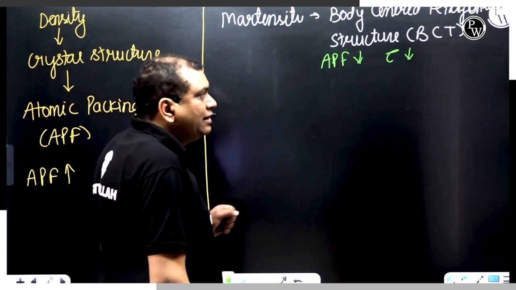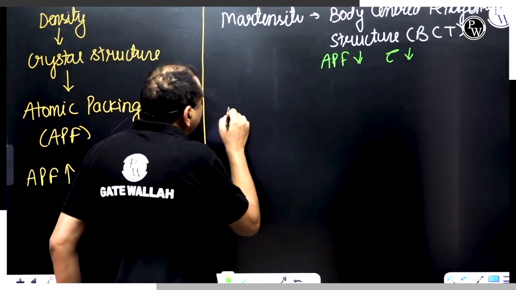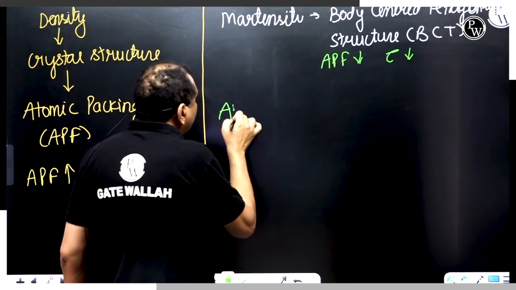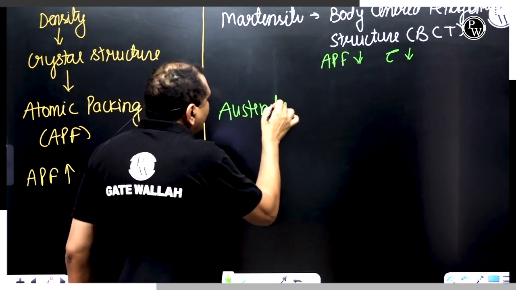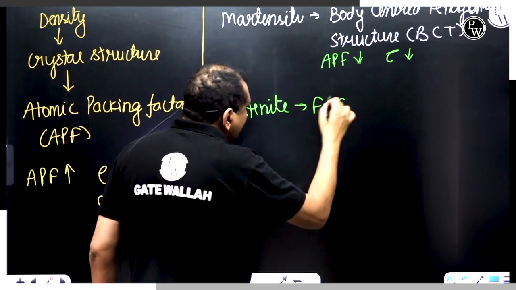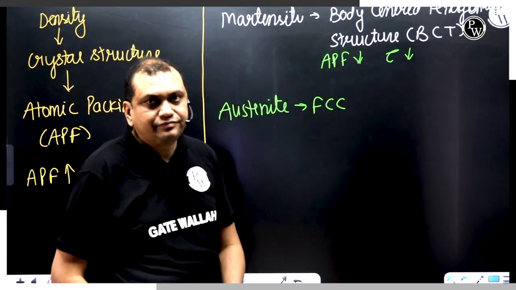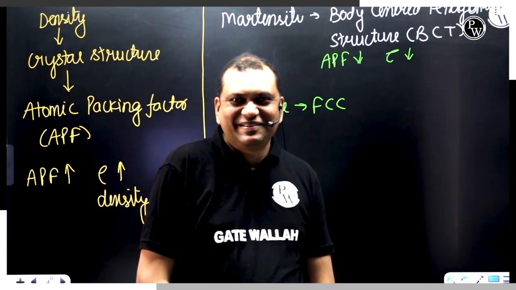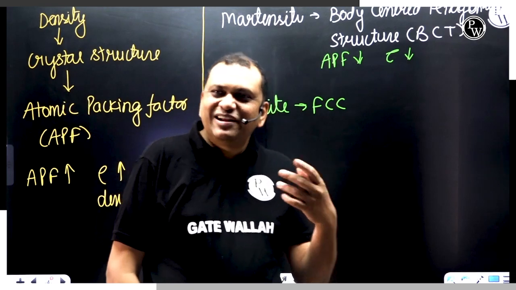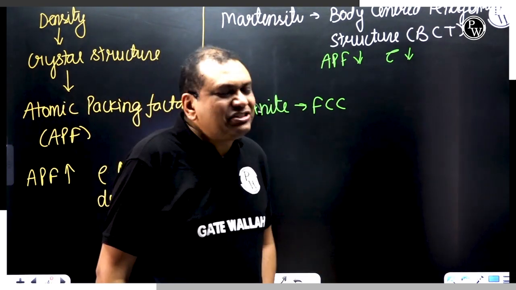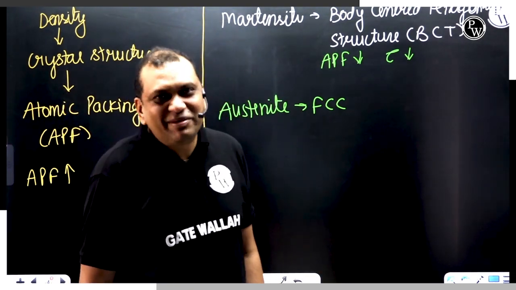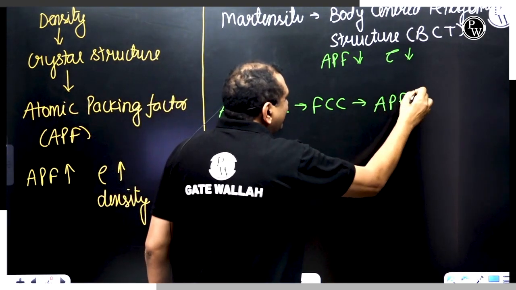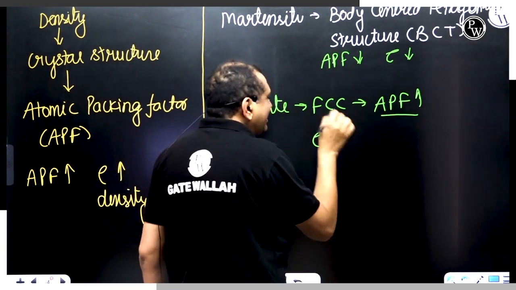Now comes austenite. Austenite has a face-centered cubic lattice, and you will come to know that FCC crystals have the highest ever atomic packing factor, so density will be high.